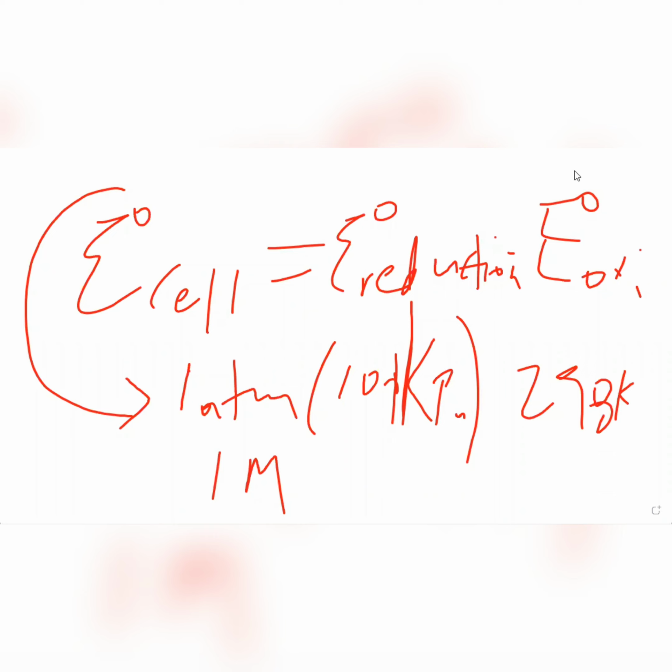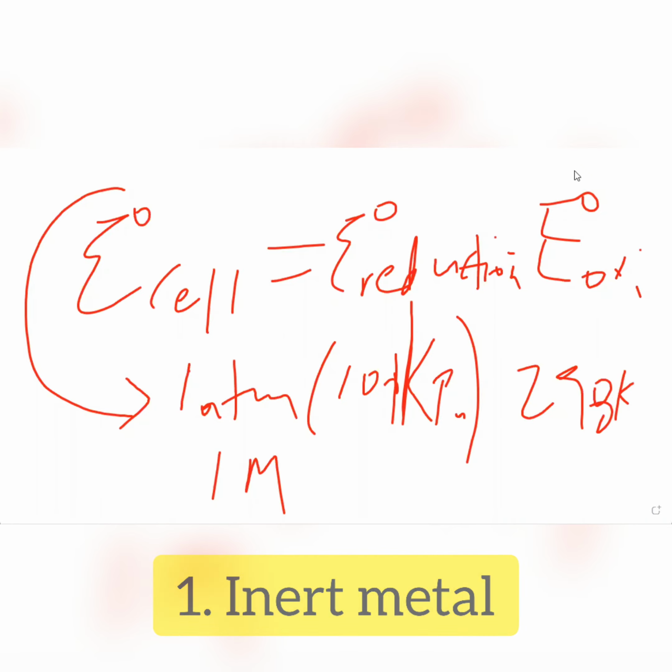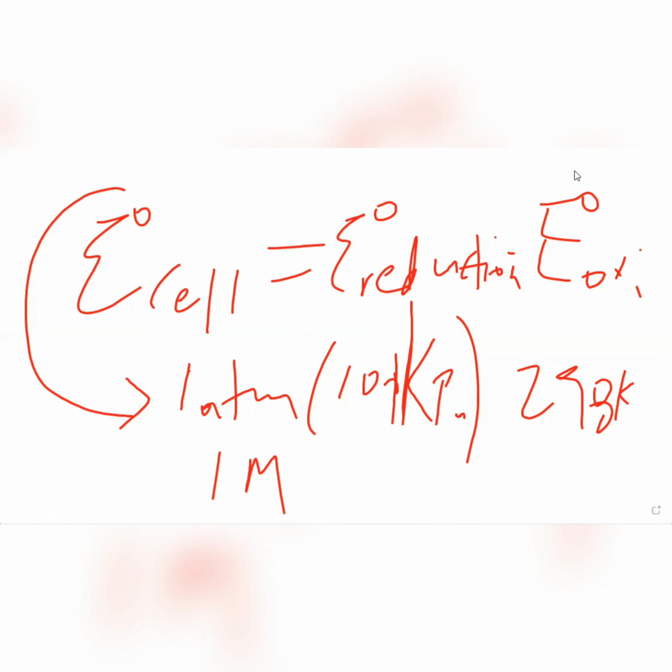Now, before we move on to the calculations, I just want to point out a few things about the standard hydrogen electrode, because your examiner may ask you about the purpose of the platinum and why it is platinized, etc., right? So the function of the platinized platinum electrode is that it is an inert metal. You do not want something that's going to be interfering with your process, something that's going to accept electrons or give up electrons.